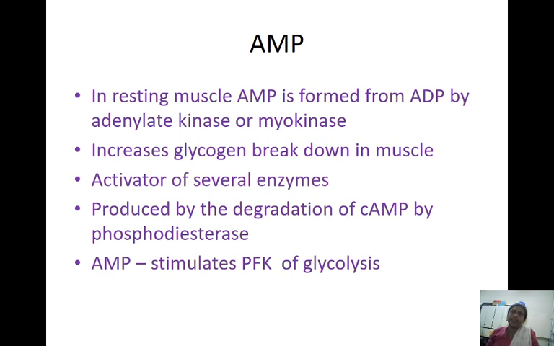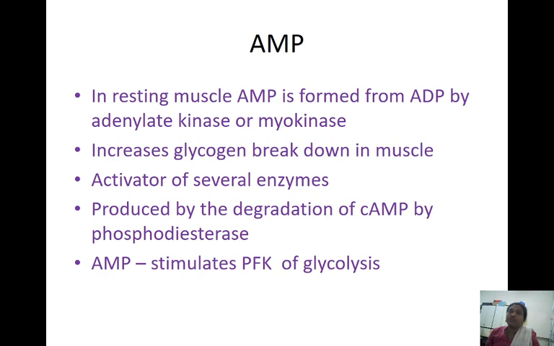It is an activator of several enzymes. In glycolysis it stimulates the enzyme phosphofructokinase. And in resting muscle, AMP is formed from ADP by the enzyme adenylate kinase or myokinase.